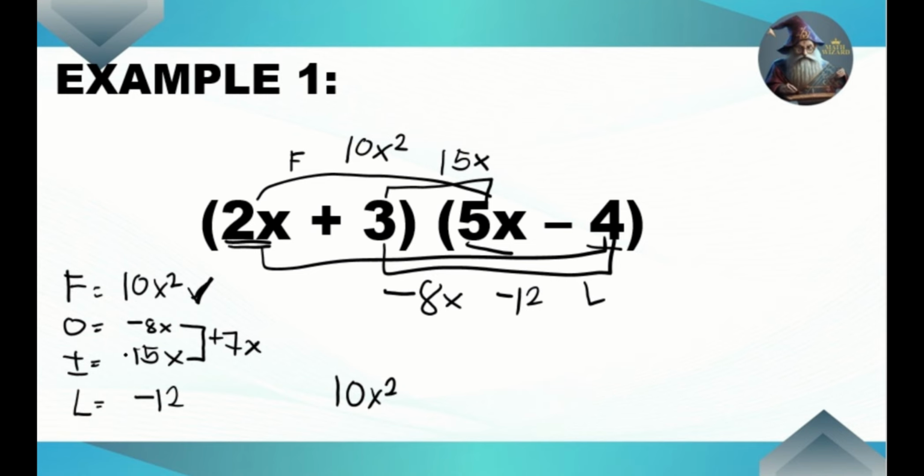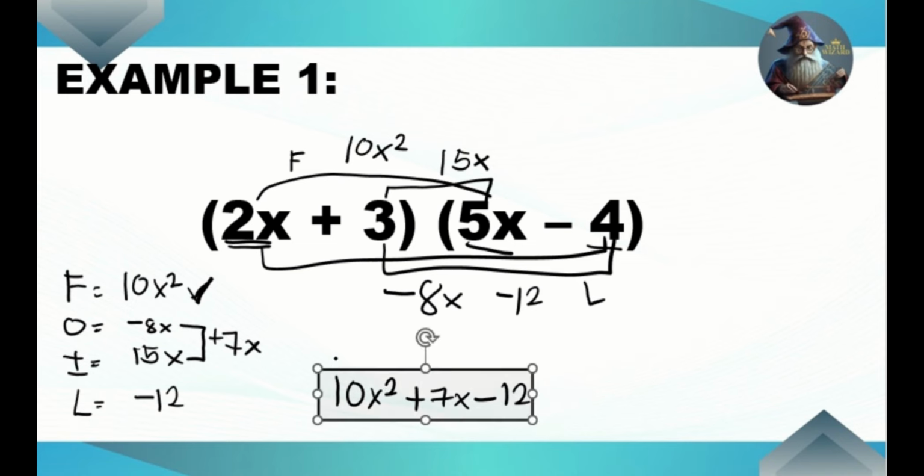Because the sign of 15 is higher than that of 8. Then, of course, negative 12. So the final answer, if we multiply 2x plus 3 by 5x minus 4, is 10x squared plus 7x minus 12. This is the final answer.